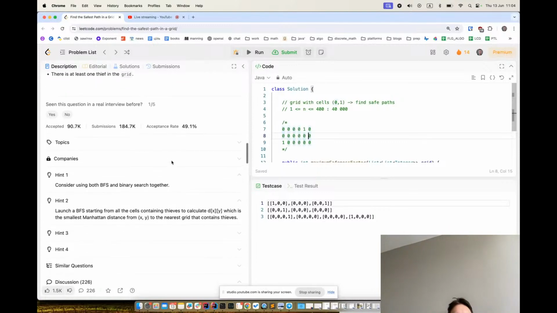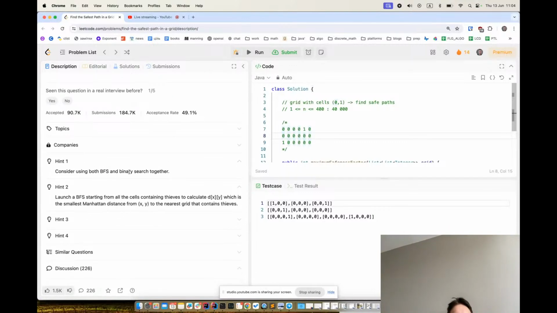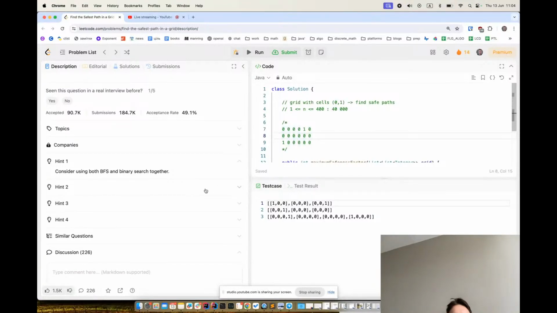Okay, let's consider using BFS and binary search together. So I have BFS, and I can create an array and process each cell with binary search.